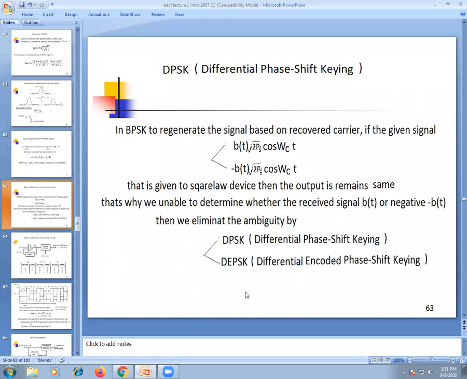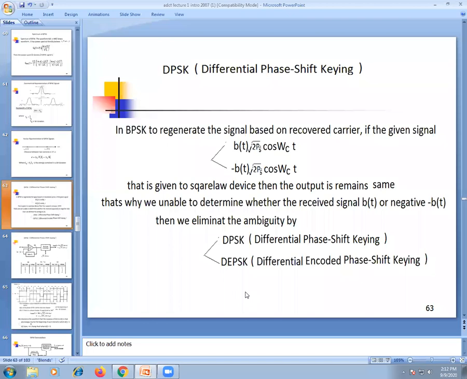The channel output is given to the square law device first, for recovery of the carrier. Please note down the limitation of BPSK. Whether it is minus root 2 Ps cos omega naught t plus theta or plus root 2 Ps cos omega naught t plus theta, the negative or positive signal is given to the square law device.